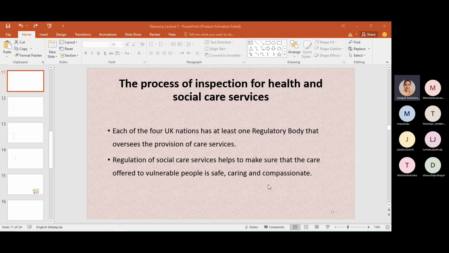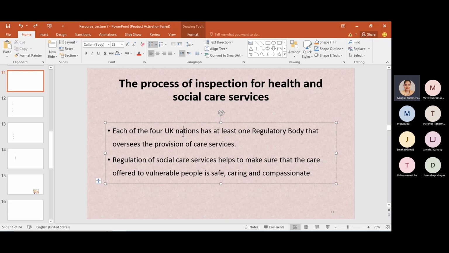In the UK, each of the 4 UK nations, meaning the 4 parts of the United Kingdom. You know that the United Kingdom is made up of England, Scotland, Wales, and Northern Ireland.